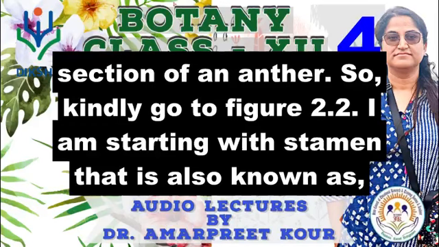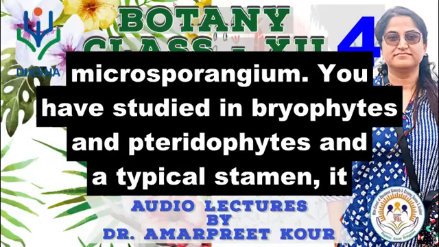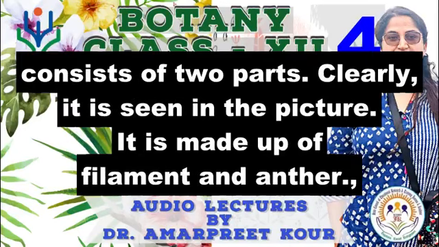I'm starting with stamen, that is also known as microsporangium. You have studied in bryophytes and pteridophytes, and a typical stamen consists of two parts. Clearly, it is seen in the picture.